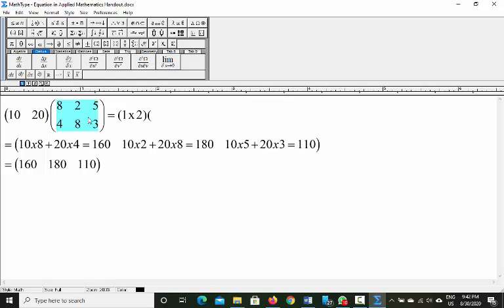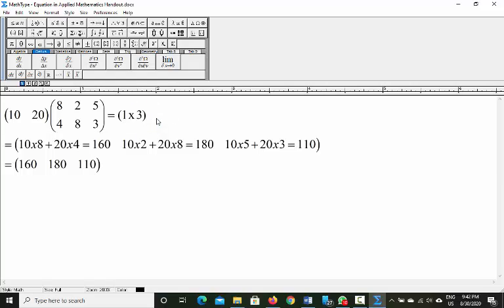And in this matrix, we have 2 rows and 3 columns. So this one matches with this one: the number of columns in the first matrix matches the number of rows in the second matrix. So we can multiply both matrices.